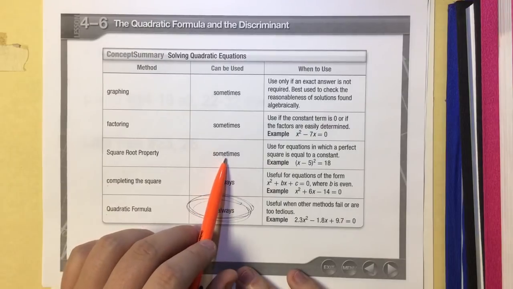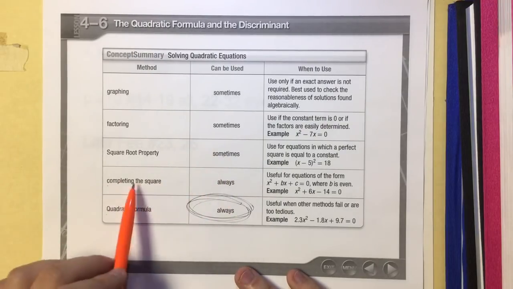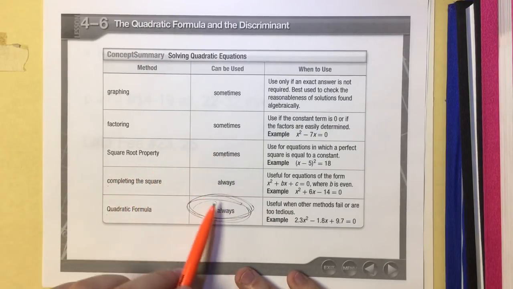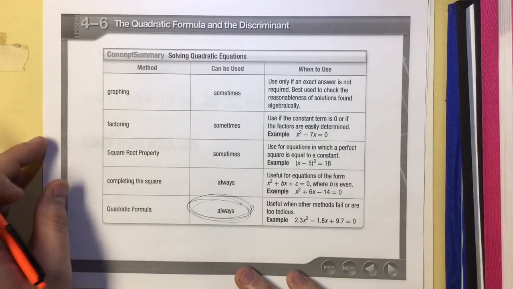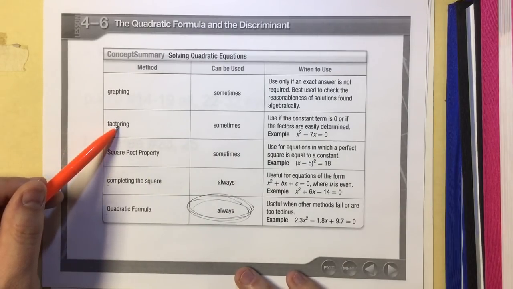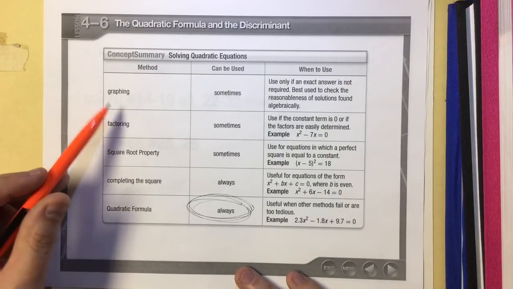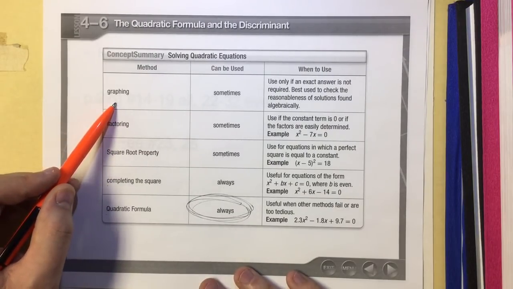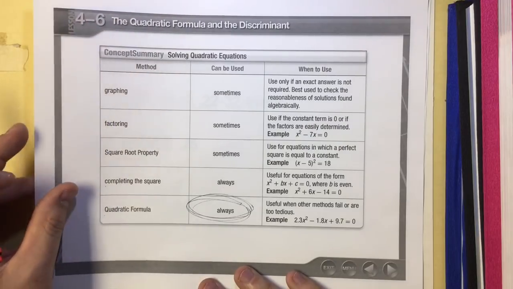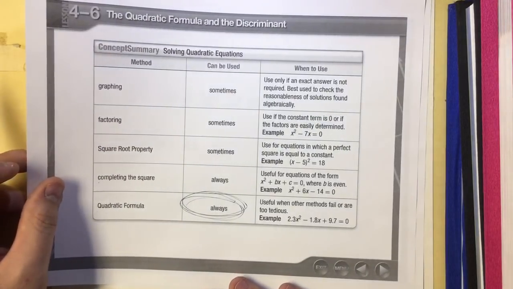Completing the square is kind of a way to make the square root property something you can always do. We talked about when you can factor and when you can't factor. And graphing is never a good thing if you're going to get decimals or big numbers, because you just don't want to draw a graph that big.